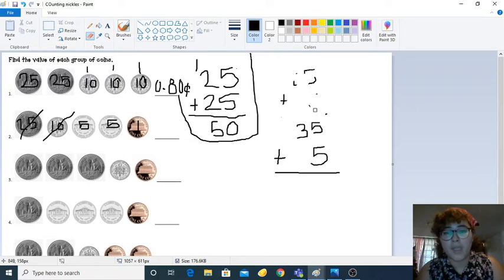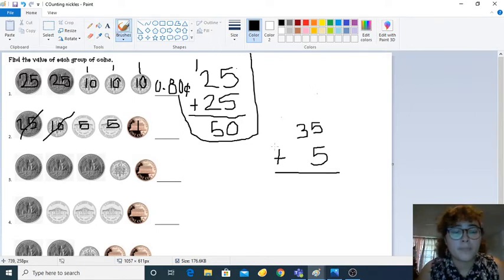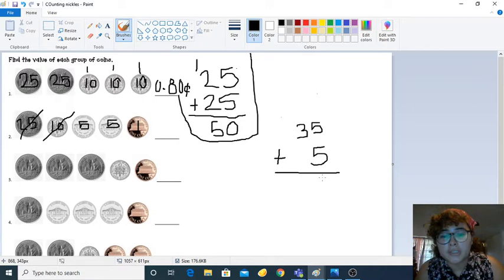We already know we have 35. Plus our first nickel. So 5 plus 5 is of course 10, and once more, if it's 10 or more, the first number goes here and the other one goes up. So now we have 3 plus 1, which is 40.